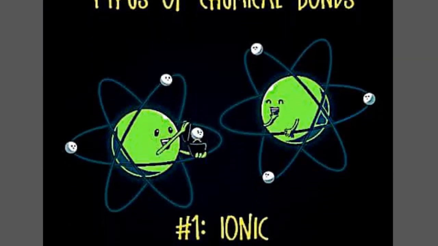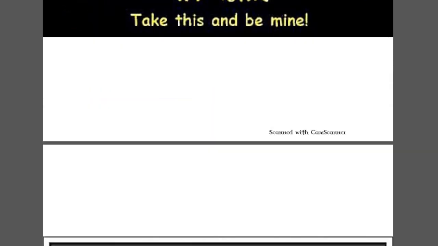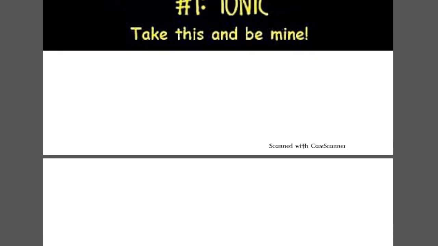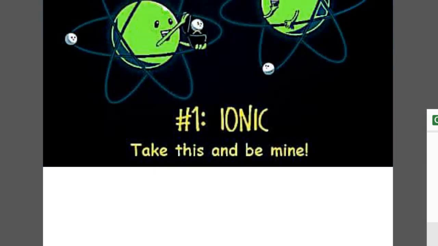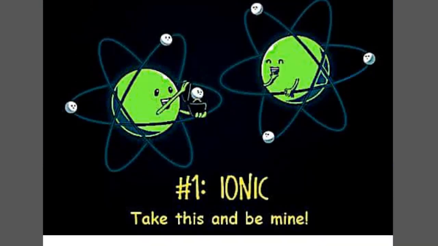So let us see the first type of chemical bond, that is, the ionic bond. Pay attention to the phrase given here and read it once: "Take this and be mine."